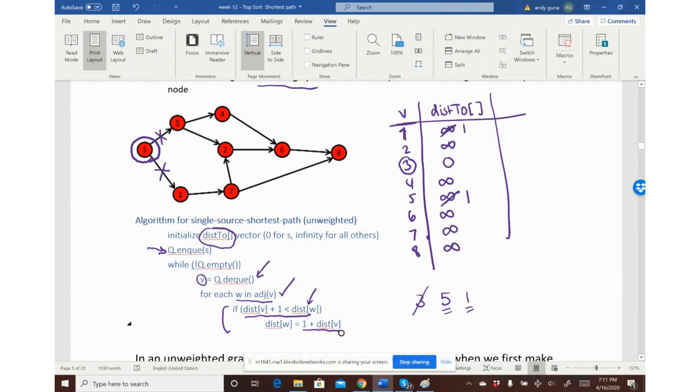We call this relaxing the edges. Yes, that's right, the previous vertex. I'm not saving the path, I'm just looking for the shortest distances. Ideally we have something called edge to.